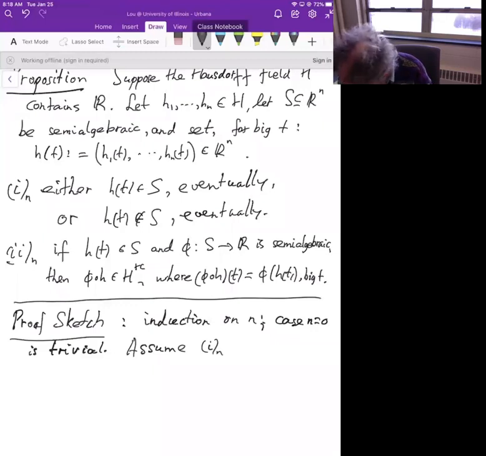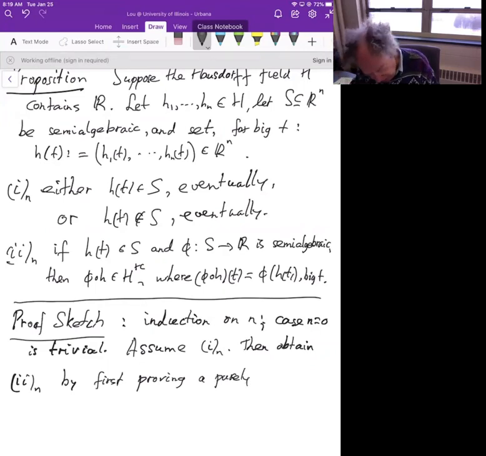You obtain 2 sub n by first proving a little lemma, a purely semi-algebraic lemma, and that is really an exercise in quantifier elimination for the field of real numbers.